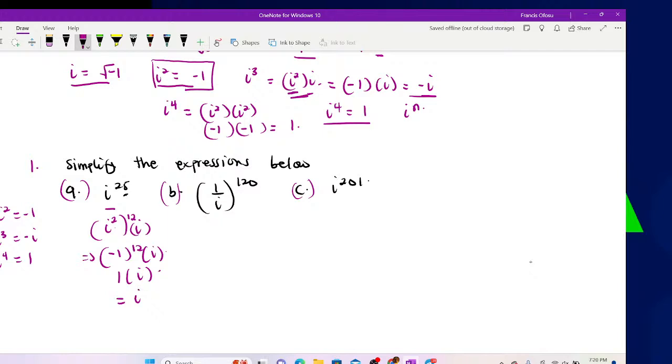Now let's see B. 1 over I, all to the power 120. This can be solved easily by removing the bracket. So I have 1 to the power 120 over I to the power 120. 1 to the power 120 is 1. Now, how do we deal with I to the power 120?